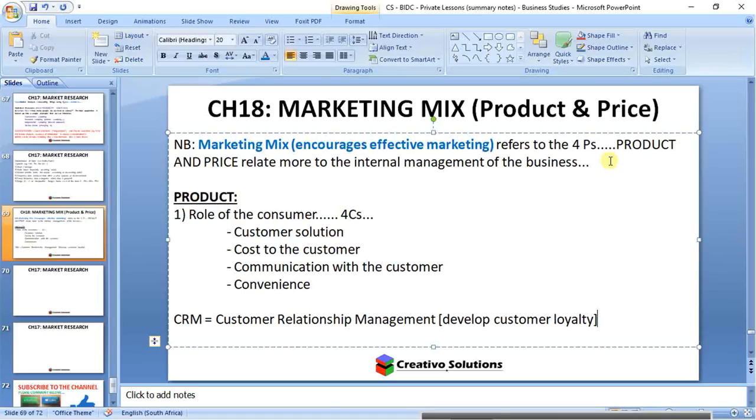You need to provide a solution. It needs to be costed correctly and it needs to be convenient. If you can cover those 4 C's, you have a product that's going to sell. If you're missing any one of those 4 C's, or missing 2 or 3 of them, it's going to be more difficult to sell that product because that product isn't meeting the right needs and wants. Okay. Happy with that?